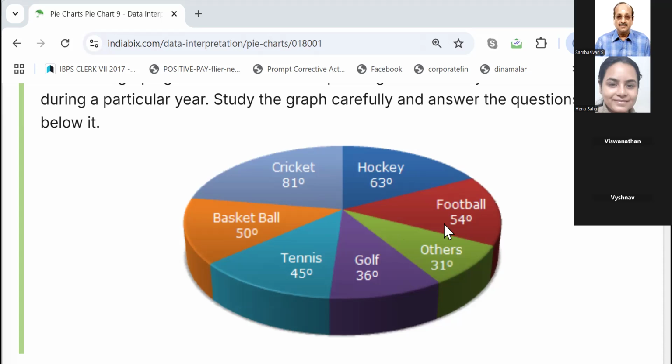Sir, 45% of 360 is 162. No, that much will not come. 45 degrees, Baba, not 45%. Okay. 45 by 360 into 100. 45 and 36 divided by 9 gives 5 by 4. 4 will go for 2 and this will go for 5. 10 will go for 5.